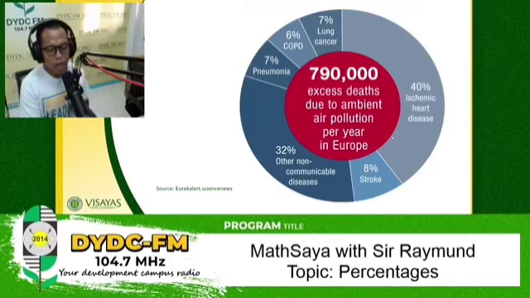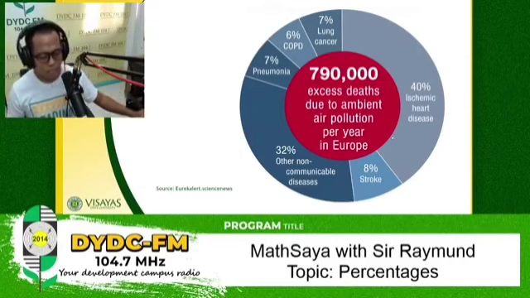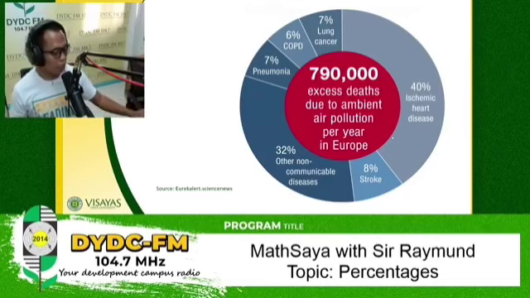So makita na to diha ang 7% lung cancer, 6% COPD, 7% pneumonia, 32% other non-communicable diseases, 8% stroke, and 40% ischemic heart disease. So kana siya mga percentage, kana mga 7%, 6%. So makatabang na siya most importantly in presenting and understanding further the data, kay di na kailangan nyo mapabasahon ang text.